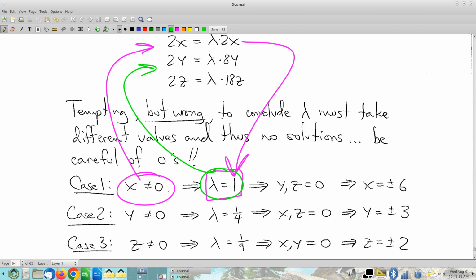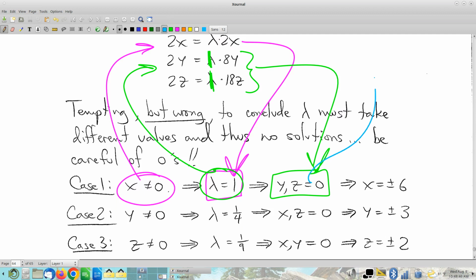With lambda equal to 1 in these equations, I can certainly conclude that Y and Z have to be 0. And once I know that Y and Z are equal to 0, I can plug this into our constraint equation and solve for X. Everybody see what happened there?